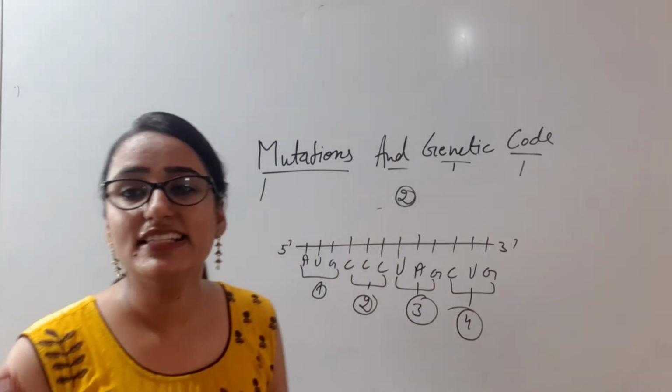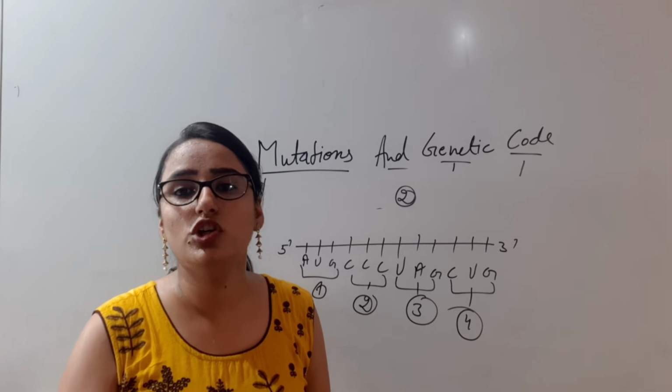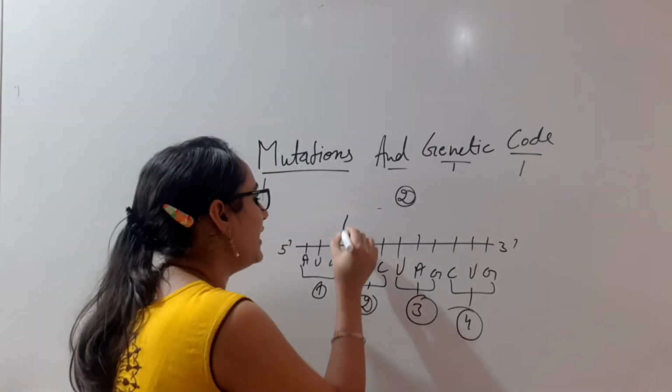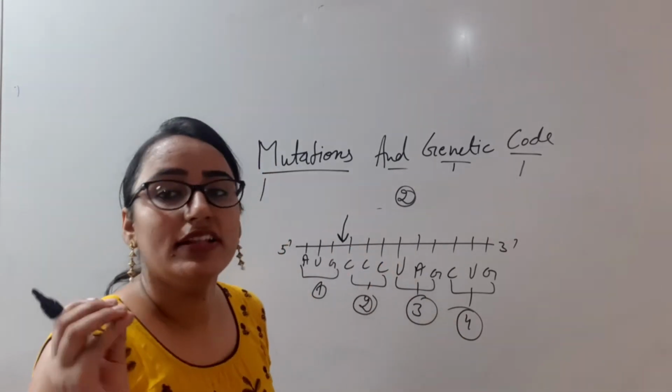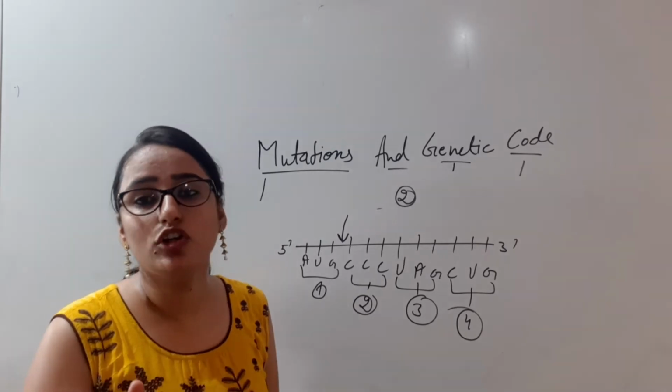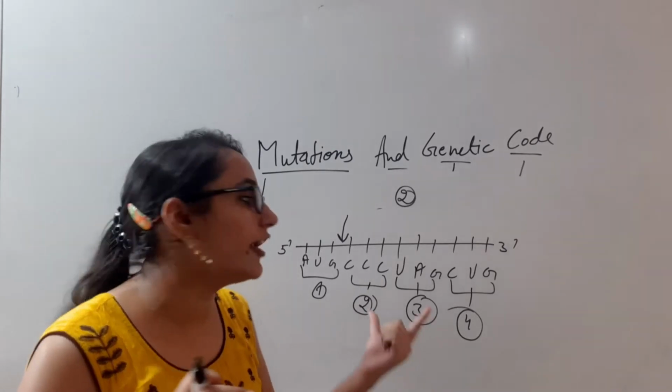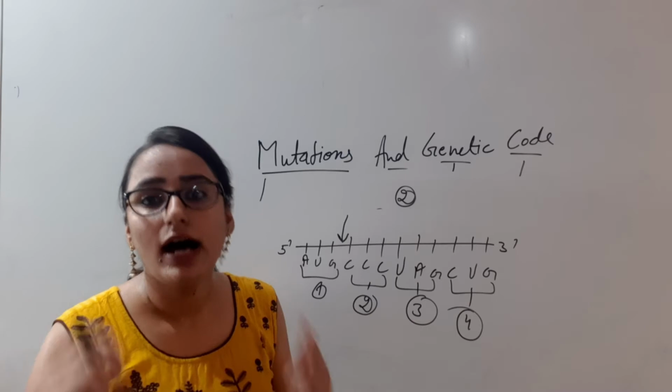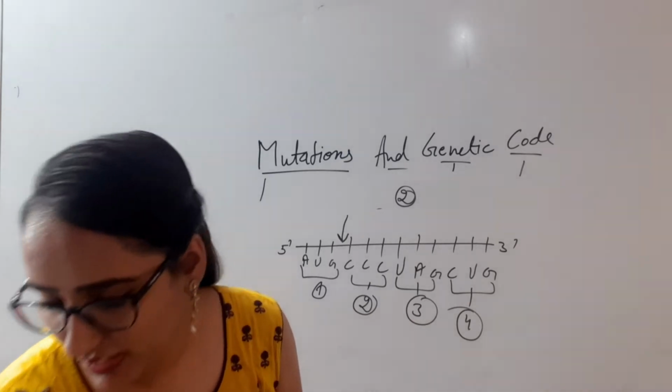Suppose a single nucleotide gets inserted here at this position. So this insertion of a single nucleotide will change the reading frame of this mRNA. How will this change the reading frame of this RNA?